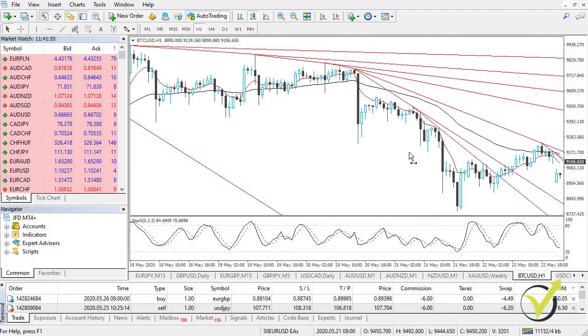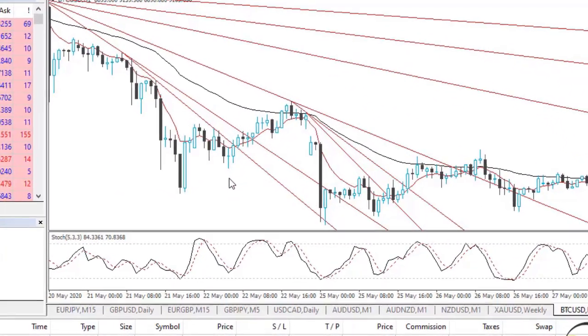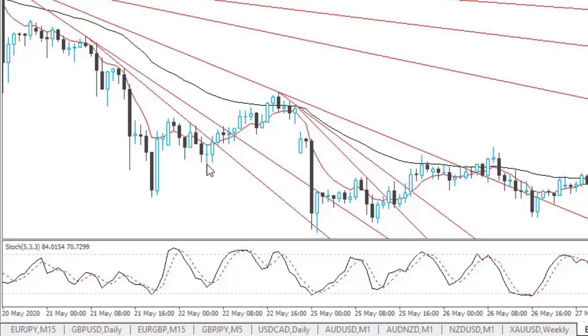This is very important, guys, because it shows that at this moment there is buying power. When the price fails to take this low, this is a sign that the buyers are stronger than the sellers at the current moment and they don't allow the price to go down and they push it higher.